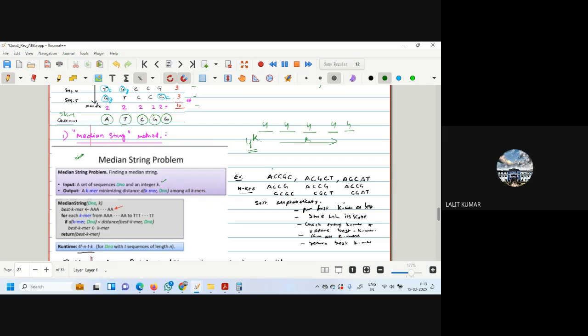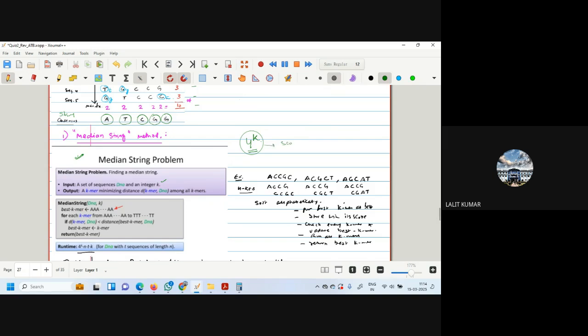So initially we are making (n - k + 1)^t k-mers. Now we have squeezed that number, and the number of k-mers possible is only 4^k. In this 4^k, we do the same as the brute force approach: we take one k-mer as the best k-mer and get its score.